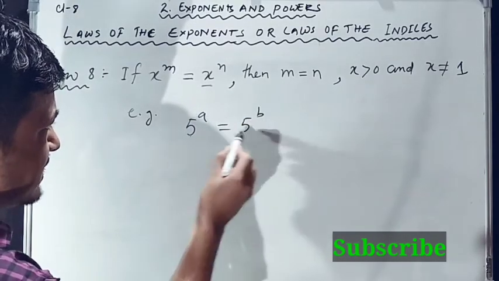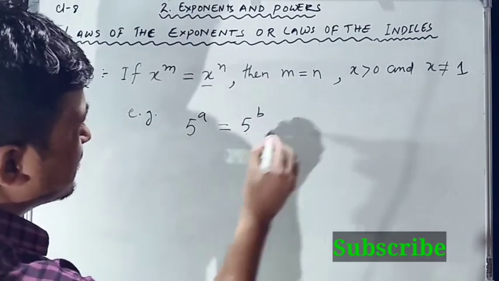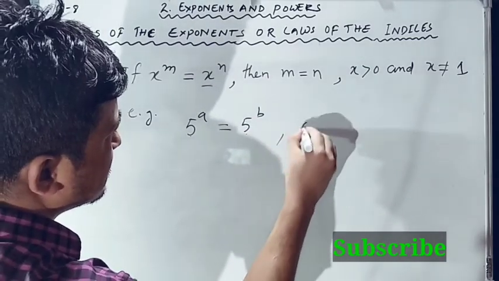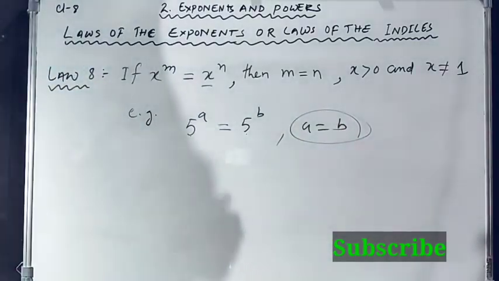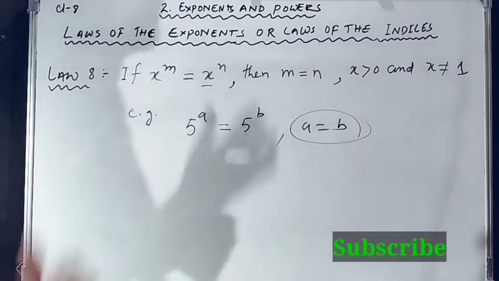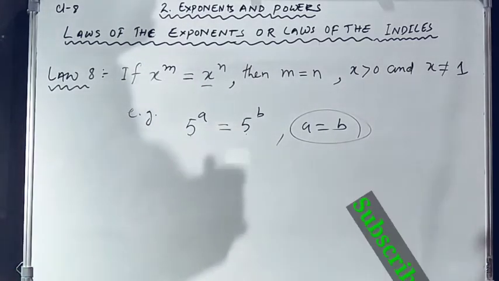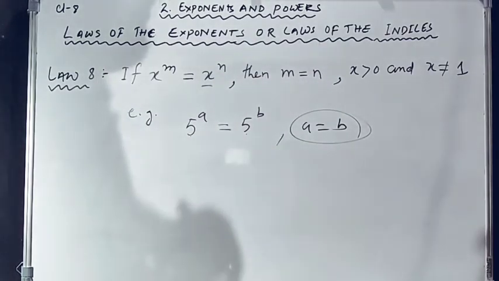Here you can see the bases are equal, right? It means the powers will also be equal. So a is also equal to b. Okay, so students, these are the 8 laws of exponents or laws of indices. With these laws only we have to solve all the questions in this chapter.